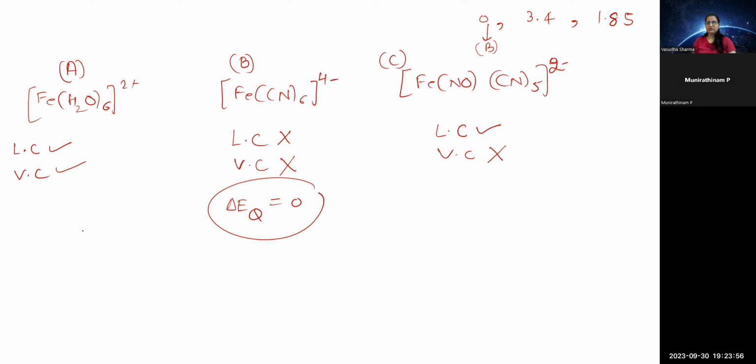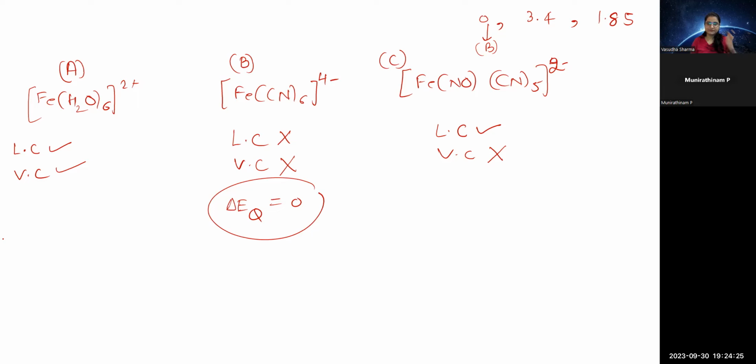Now you tell me which one is going to have more delta EQ out of A and C. Complex A has more delta EQ value compared to C, ma'am. Why is it so?